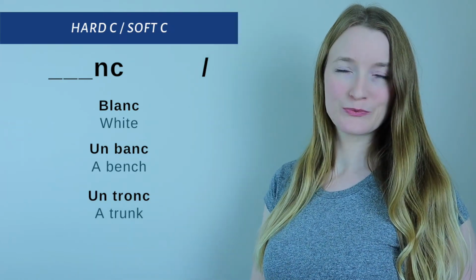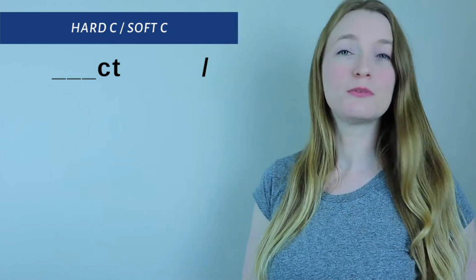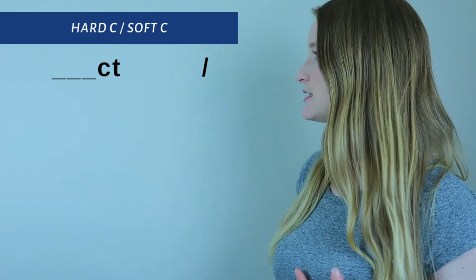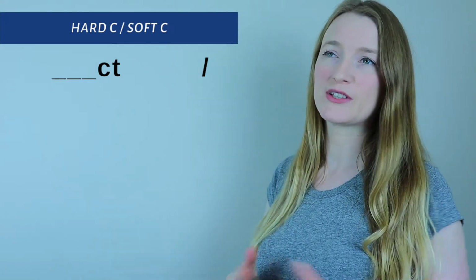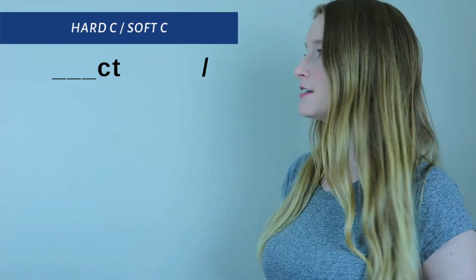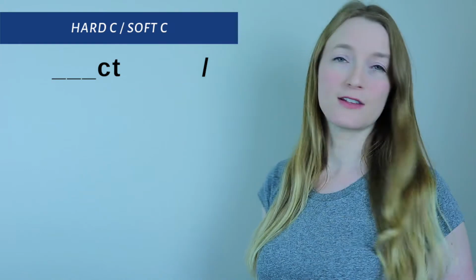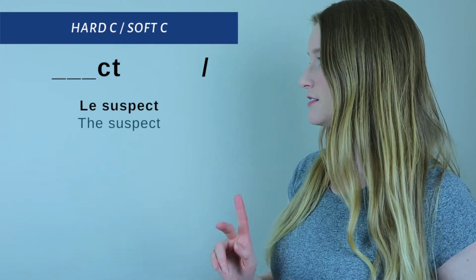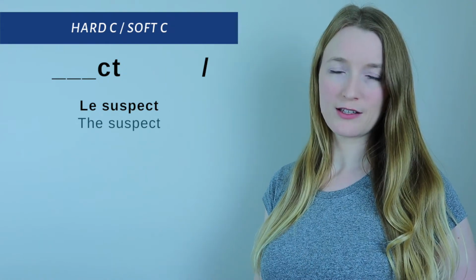And then we have un tronc, tronc. Another C that's going to be silent is when we have C and T at the end. This is not what we saw before with direct, tact, and exact. This time we are not going to pronounce the C and the T at all. Let's see. Le suspect, suspect.